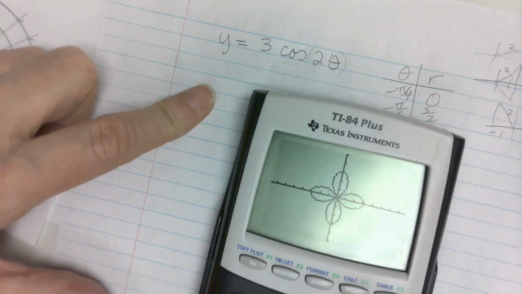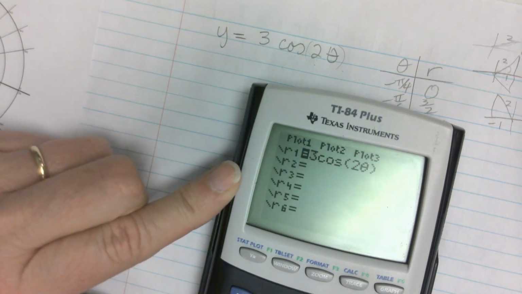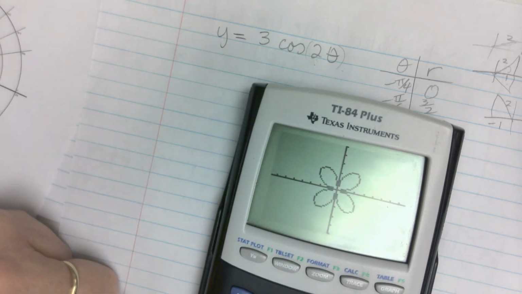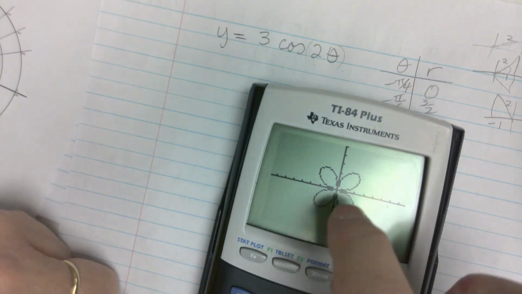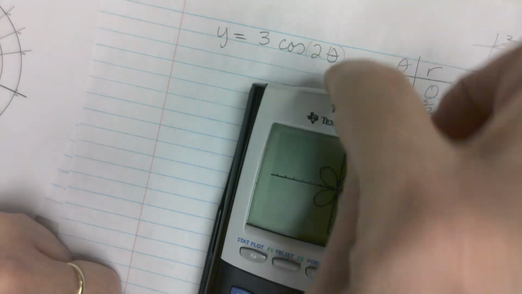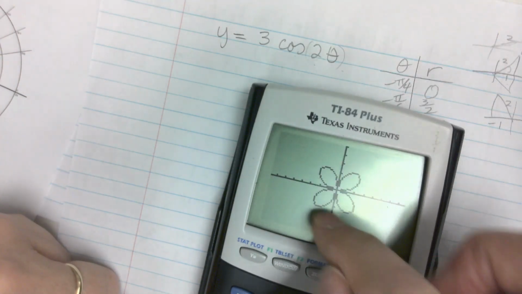What would be the difference in the 3 sine 2 theta? Still 4 leaves, but they're in different quadrants, aren't they? Because the sine of 0 is 0. It would start off 0. And then at pi over 4 times 2 would be the 1, right? Times 3.